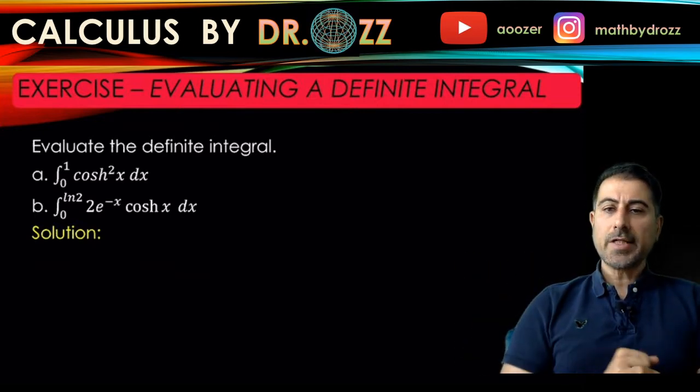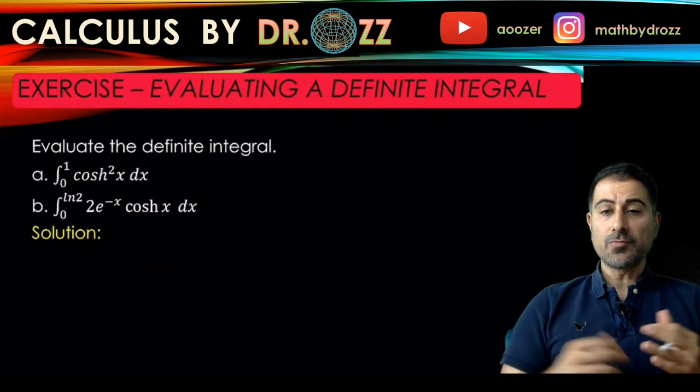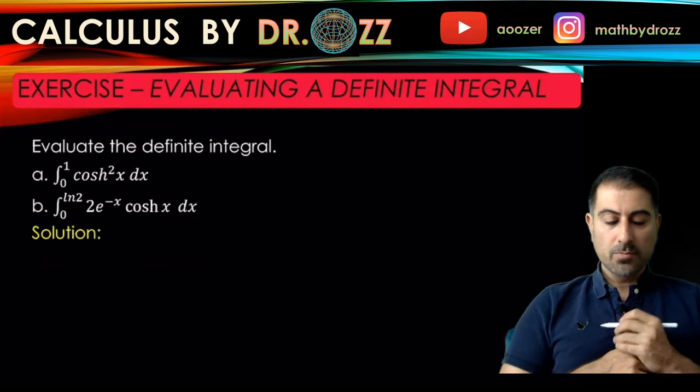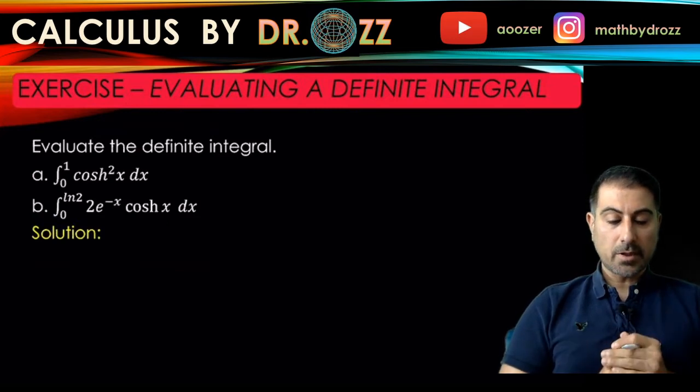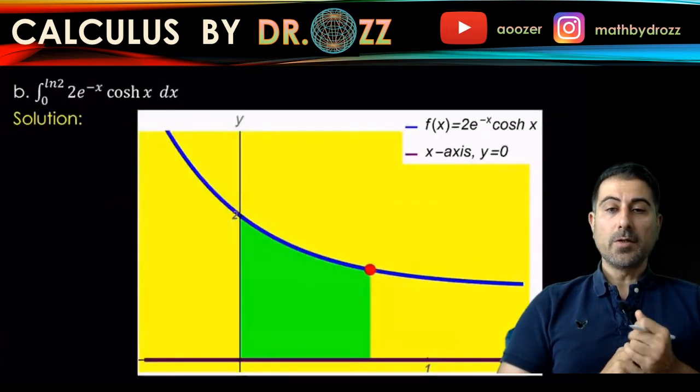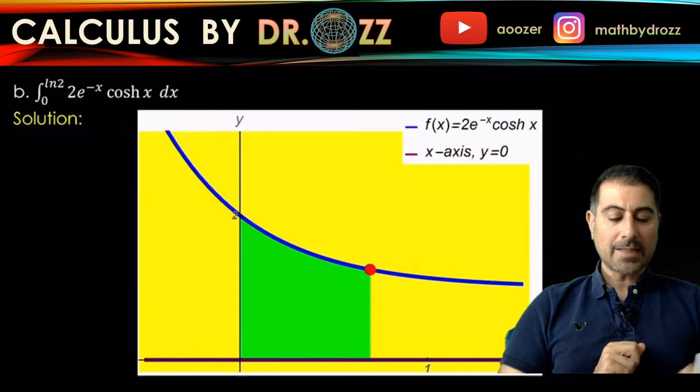And go ahead and use your TI-84 if you want, just to see what kind of area or region we were talking about. So here we go, I just graphed it for you. The blue curve is the curve of 2e to the minus x cosine hyperbolic x, and the bottom is the x-axis.